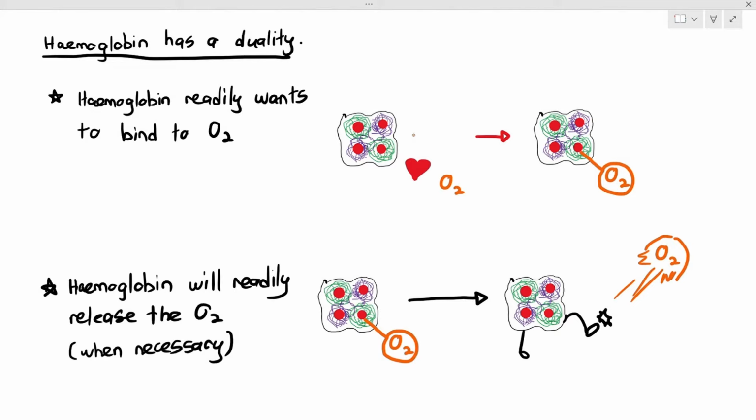Hemoglobin loves oxygen and it wants to hold on to oxygen as much as possible, but at the same time, hemoglobin is this sort of generous protein or generous molecule that would just let go of the oxygen when it is necessary. So hemoglobin is a rather wholesome molecule that you want to have a relationship with. It loves you, but it's also willing to let you go.